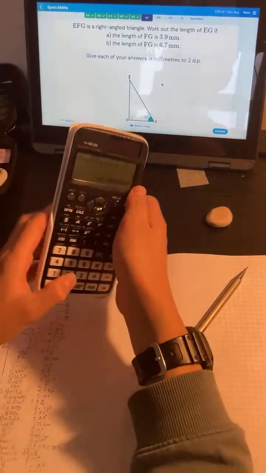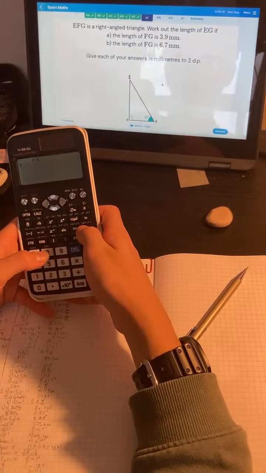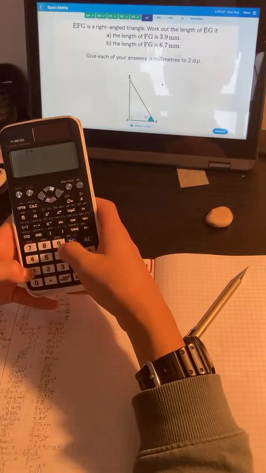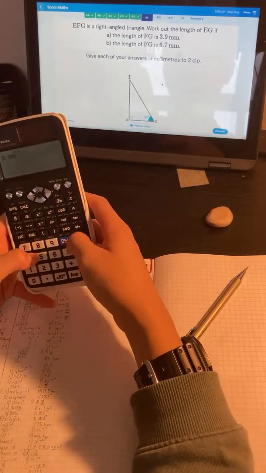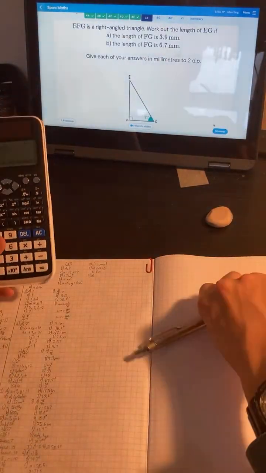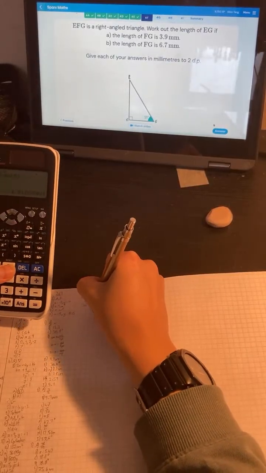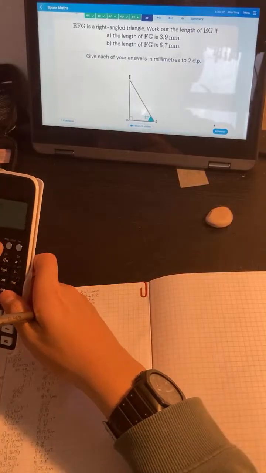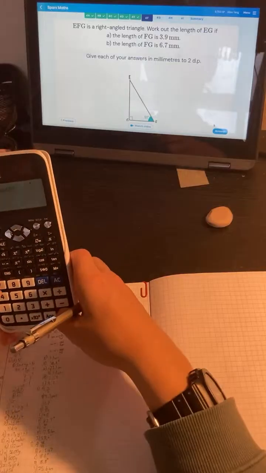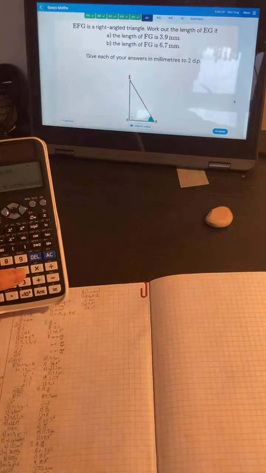Right, so we're gonna have to use tangent. So you get that length, multiply it by tangent of the angle, which is 51. So A is 4.82 and B is 6.7, so it's 8.27.